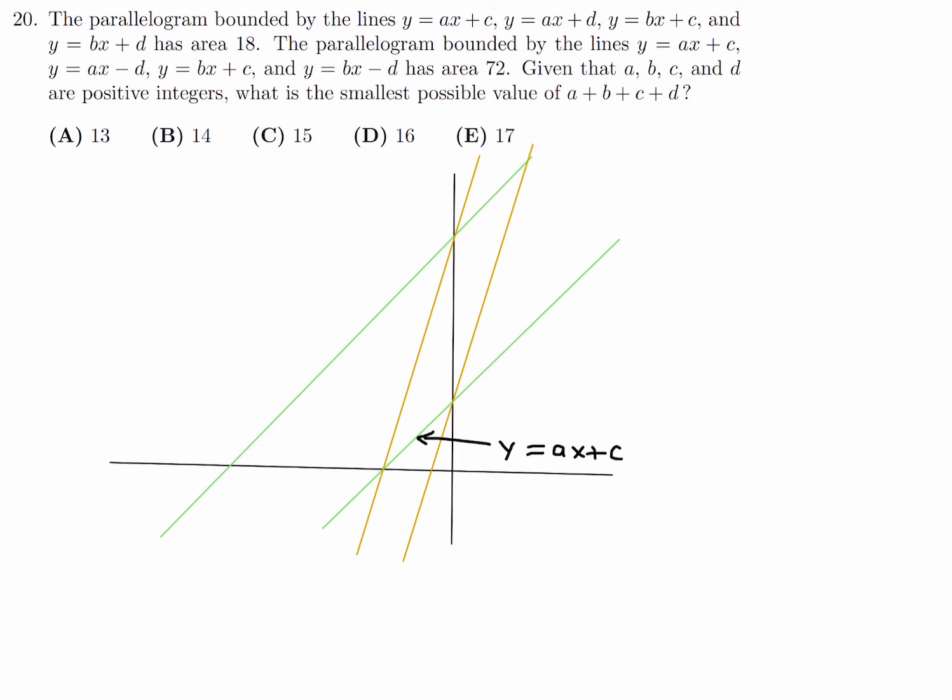Then this line right here is y equals bx plus c. This line here is y equals bx plus d. And finally, this line up here is y equals ax plus d.